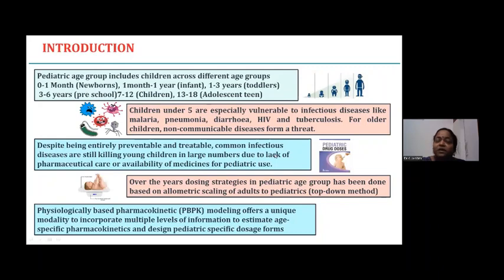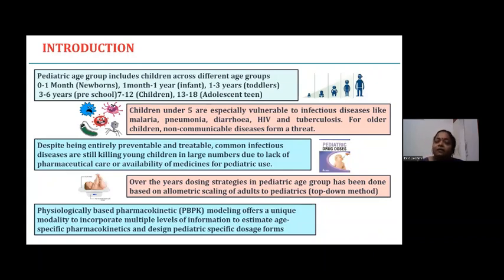So as everybody knows, the pediatric age group includes children across the different age groups like newborns, infants, toddlers, preschoolers, up to adolescent teens. And children under 5, especially in countries like India, are vulnerable to many infectious diseases like malaria, pneumonia, diarrhea, HIV, etc. And even in older children, non-communicable diseases are a high threat.